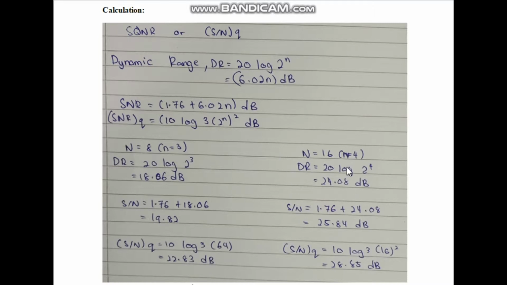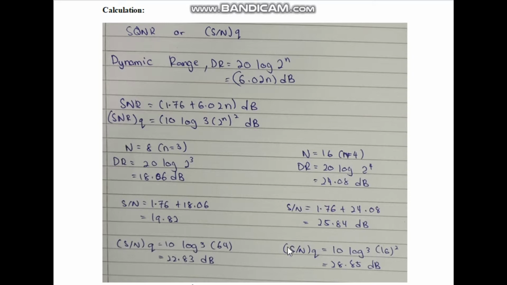For the second, we search for n equal to 16, where the smallest n is 4, and the dynamic range is 20 log 2 to the power of 4. The result is 24.08 dB. For SNR, 1.76 plus 24.08, and we get 25.84 dB.